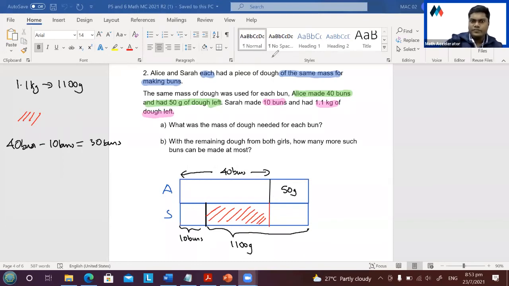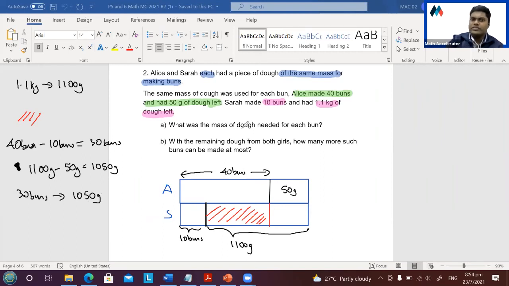So write down 1,100 grams minus 50 grams. So this is 1,050 grams, which means in that red portion, you can find out that 30 buns equals 1,050 grams.